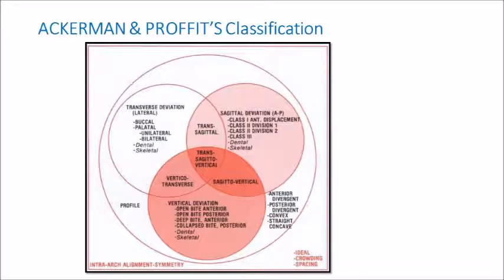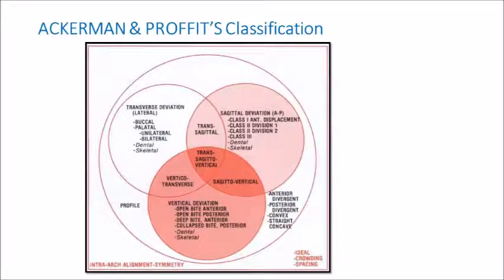In the 1960s, Ackermann and Proffit proposed a system of classification based on a Venn symbolic diagram. A feature of this classification was that it included transverse as well as vertical discrepancies. Angle's classification was mostly considering only anteroposterior or sagittal malrelations.